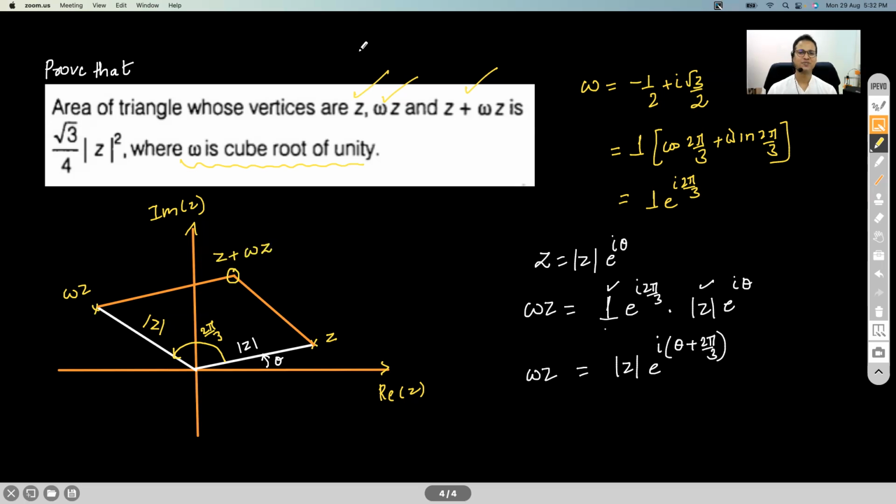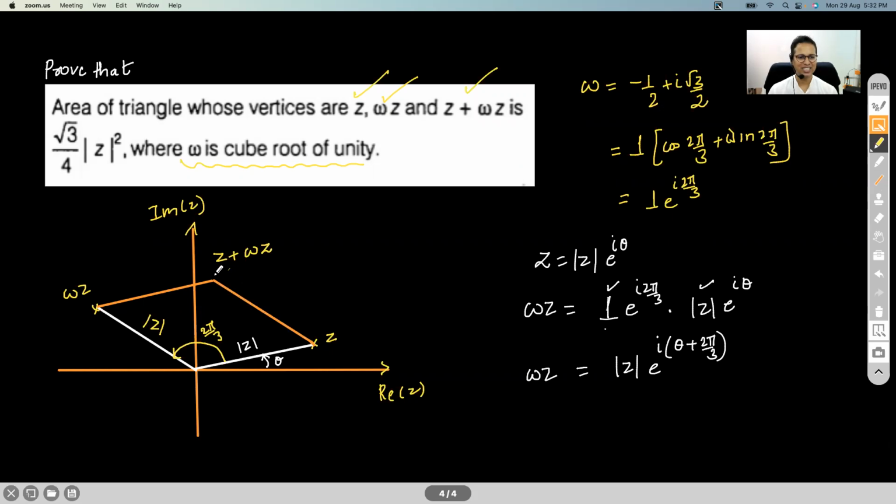Am I right? Any questions? I hope my parallelogram is looking like a parallelogram. Once again, maybe I'll draw it more accurately. Yeah, now it is looking like a parallelogram.